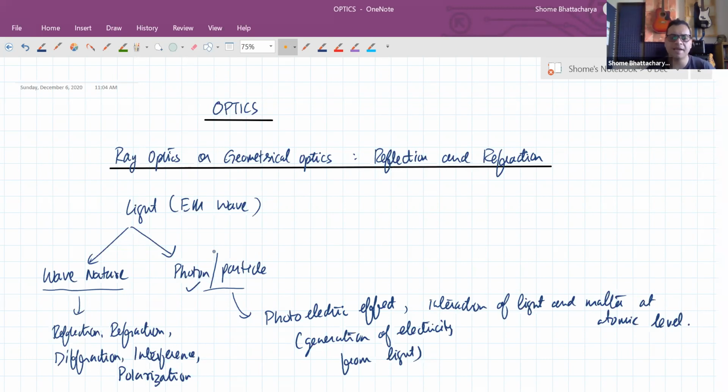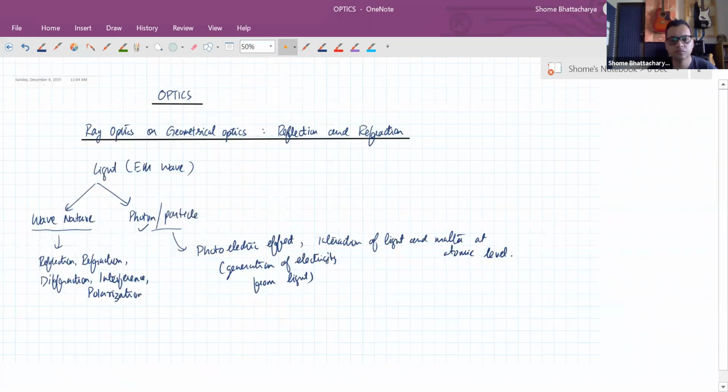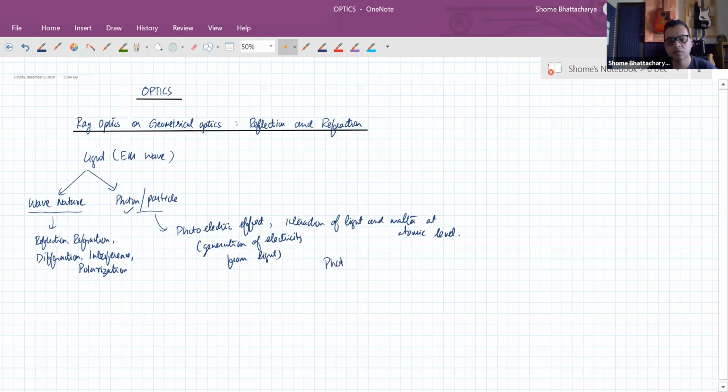Photons are small packets of light energy which have momentum and energy, but which are massless. So just as general information, you can write this down. Photon is what we call a quantum, or a packet of energy, and that is electromagnetic radiation energy.